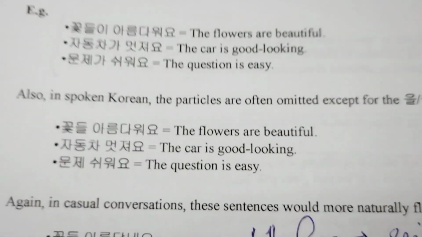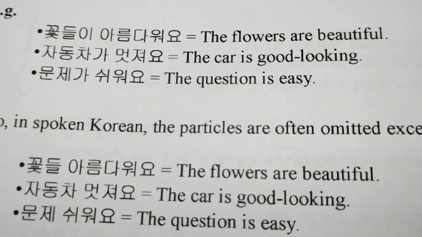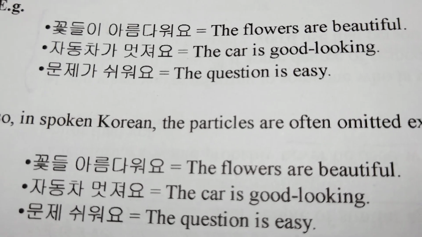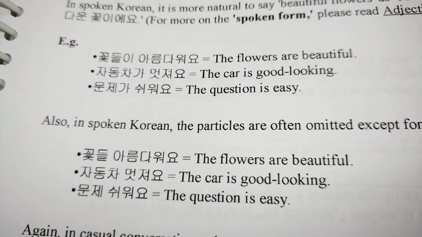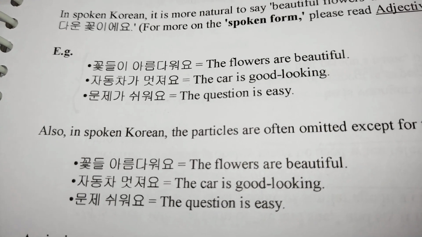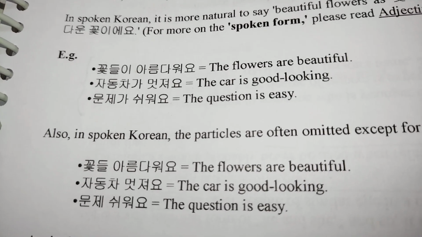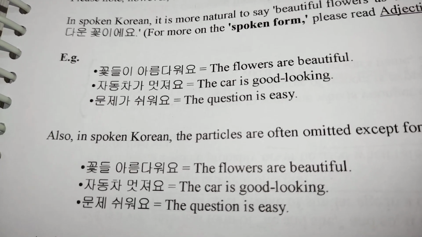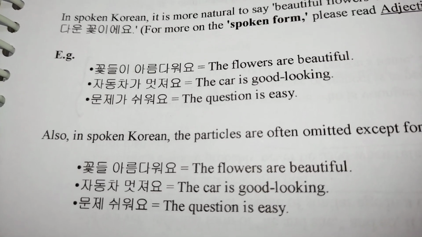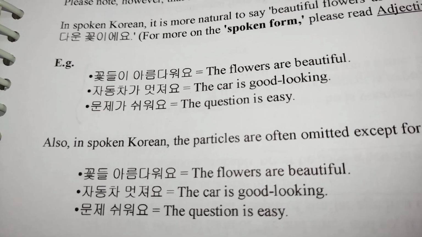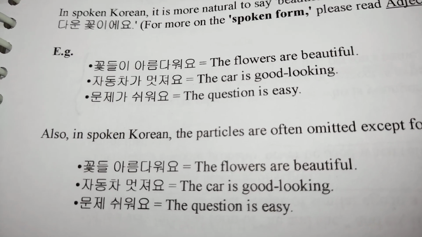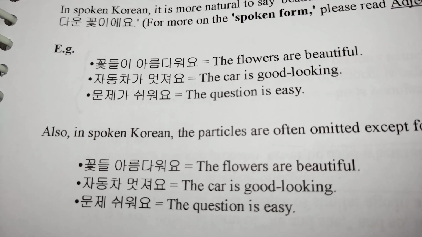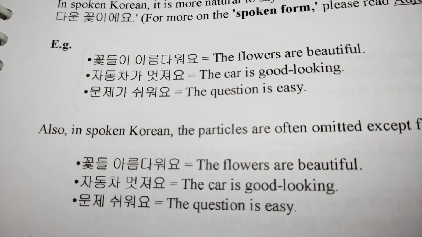Then coming to another way where you could say this same thing, like you saw 아름다운 꽃 a few minutes before, and 아름다운 꽃 can also be said as 꽃들이 아름다워요 or 꽃이 아름다워요, depending on whether it is singular or plural, whatever it is.